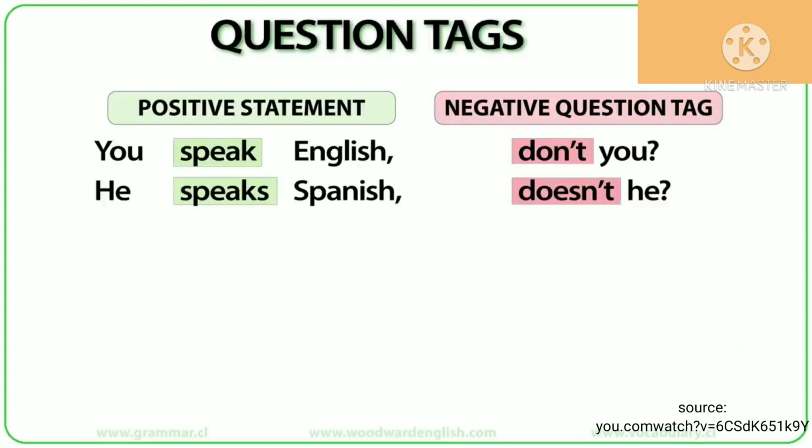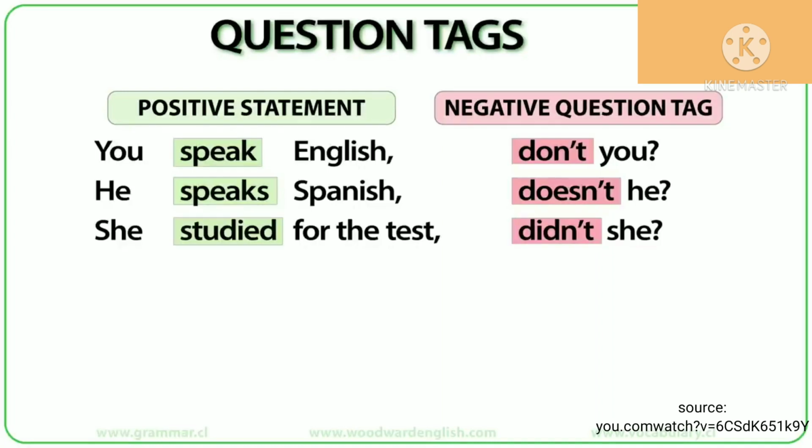You speak English, don't you? He speaks Spanish, doesn't he? And when the verb in the statement is in the past tense, we form the question tag with didn't. She studied for the test, didn't she? We use didn't because studied is the past tense of study.